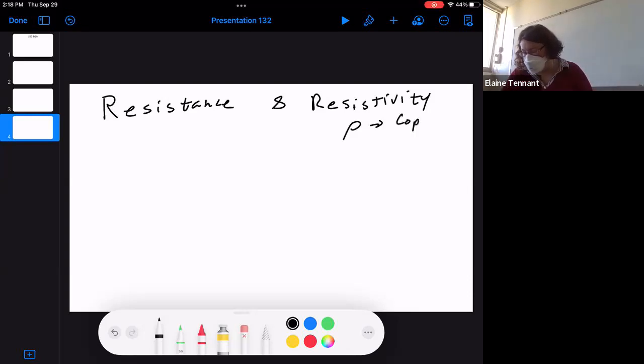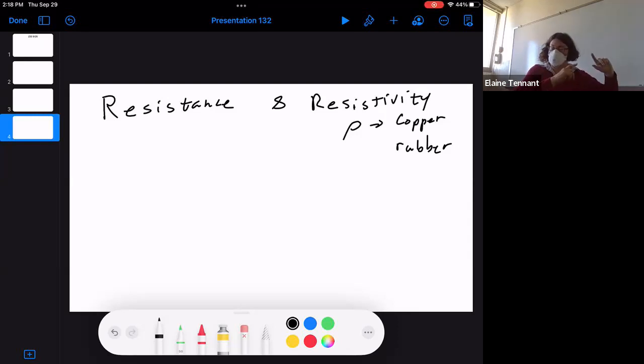Do you have copper? Do you have rubber? Rubber would have a high resistivity, while copper would have a low resistivity. And the resistivity will be true of all copper.